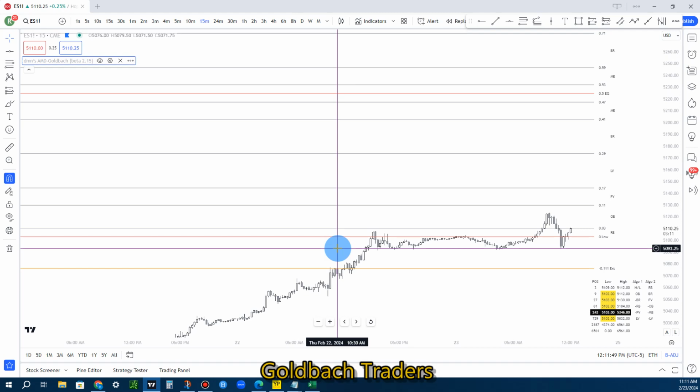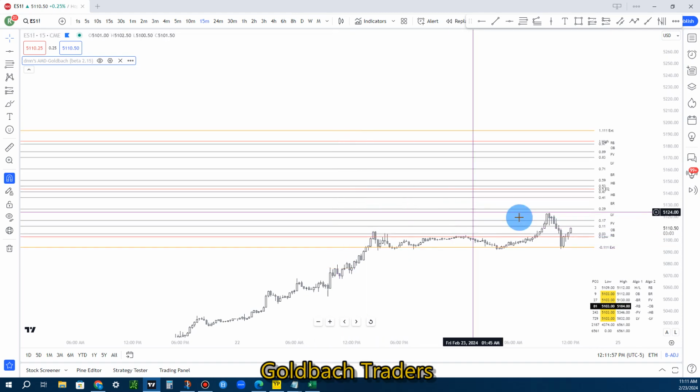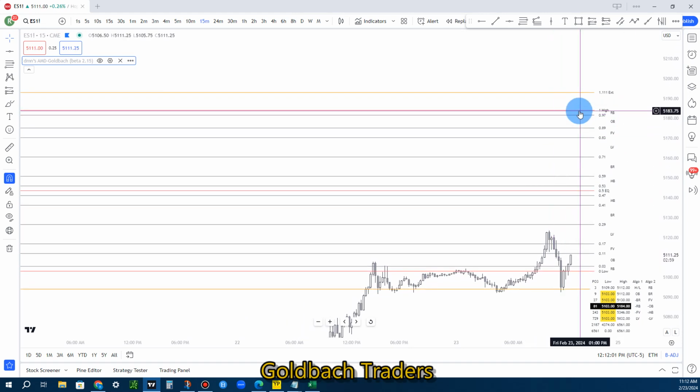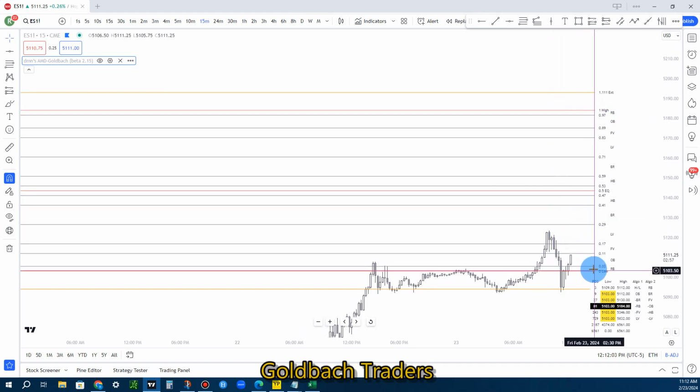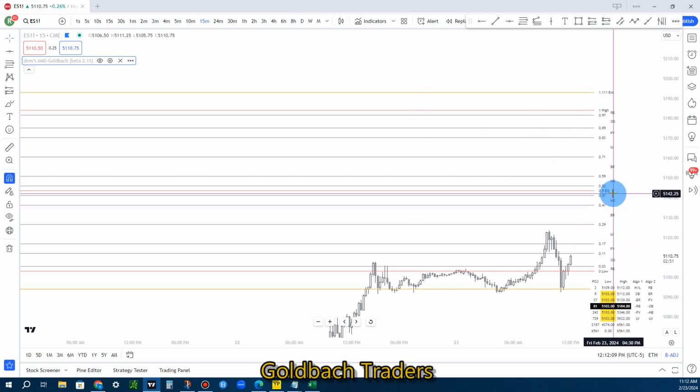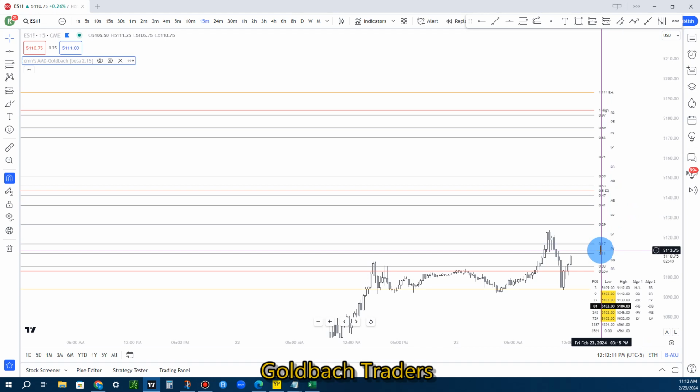you'll see that we're still in the lower quadrant of the dealing range. So I just said something key there: the lower quadrant of the dealing range. The high to the low is the dealing range. We know that when we're below 50% of a dealing range, we're in discount and we're looking for buys.